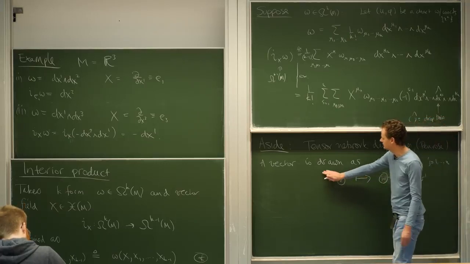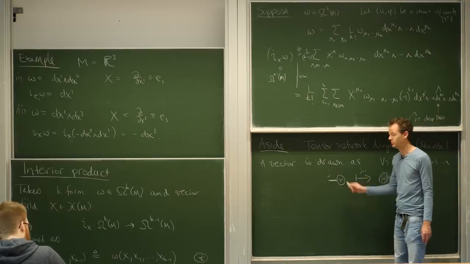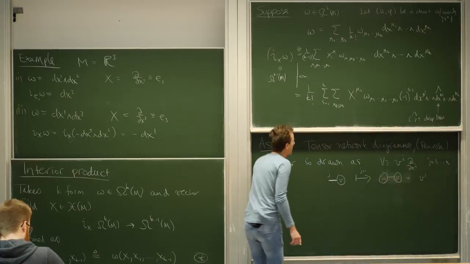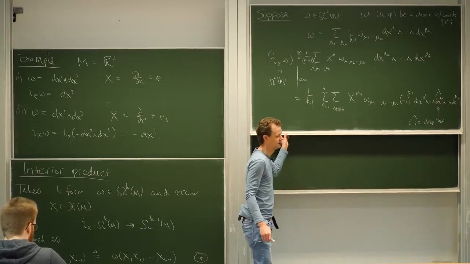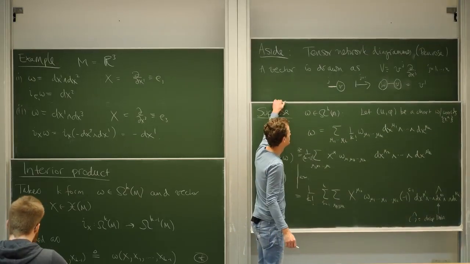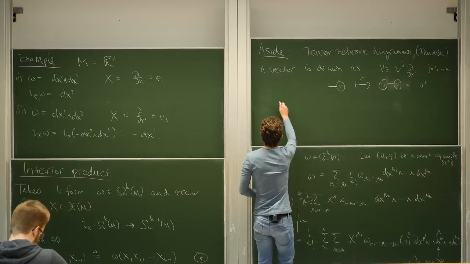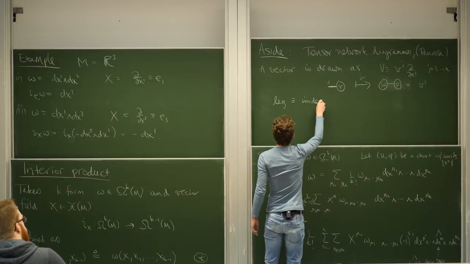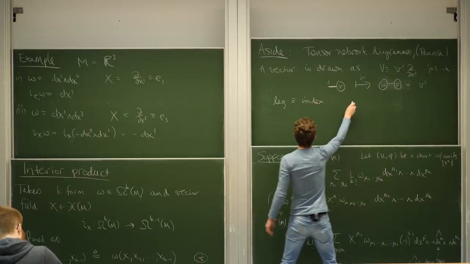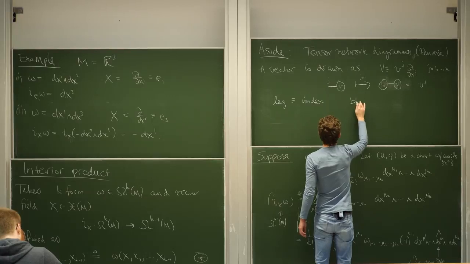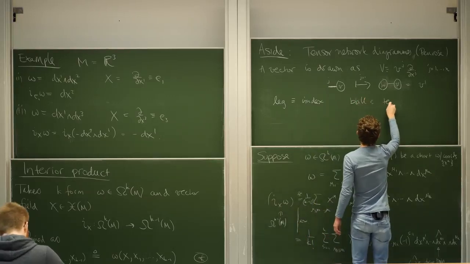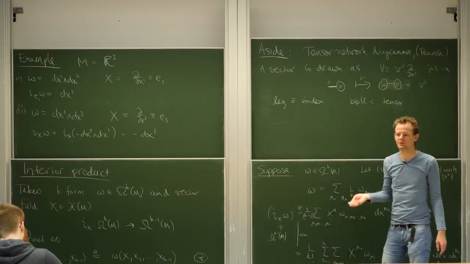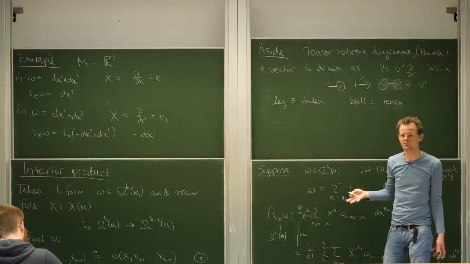So this object here is meant to represent a vector. So a ball with one leg, each leg stands for an index, ball stands for tensor. In this case, the tensor is a vector. So the tensor, an object which is in the tensor product of a vector space with itself, is a ball with two legs.